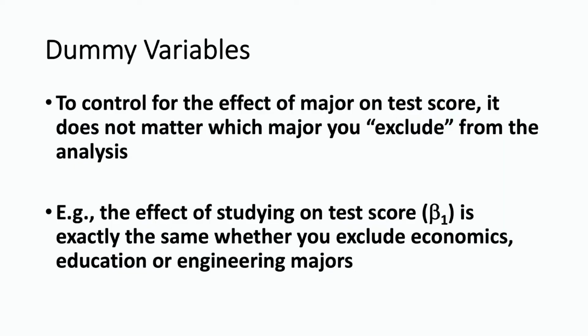It might seem like a big deal which of the dummy variables to exclude from the model, but it's really not. If you're simply trying to control for the influence of a student's major on their test score, it really doesn't matter which major you exclude from the analysis. That's because the effect of studying on your test score, the parameter beta subscript 1, is exactly identical whether you exclude economics, education, or engineering majors.